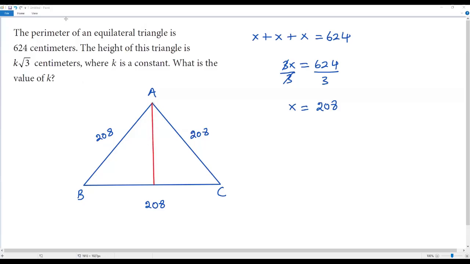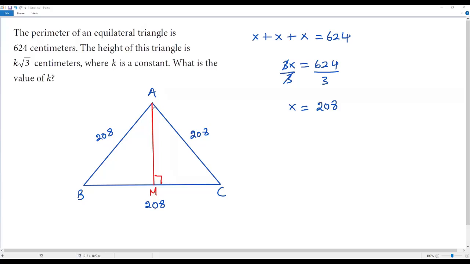Whenever we draw an altitude for a triangle, it will be perpendicular to the side, so the height will be perpendicular to side BC. Also, since it's an equilateral triangle, the height will bisect the side BC. Let's name the point where the height intersects side BC as M.